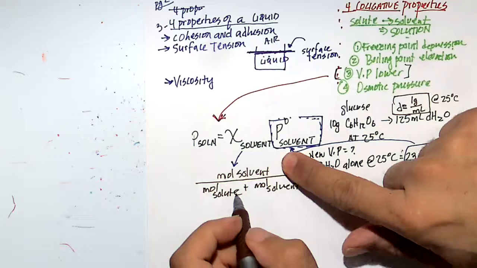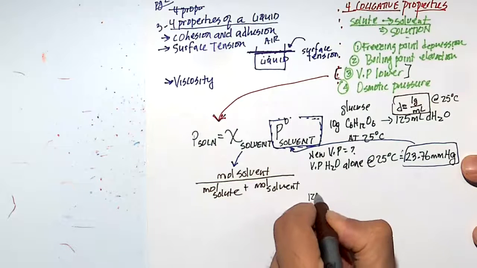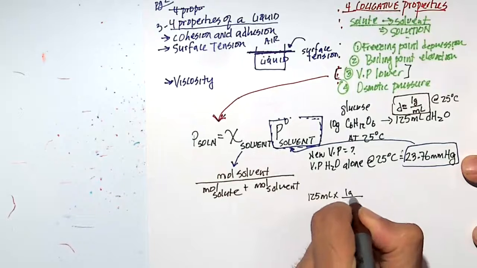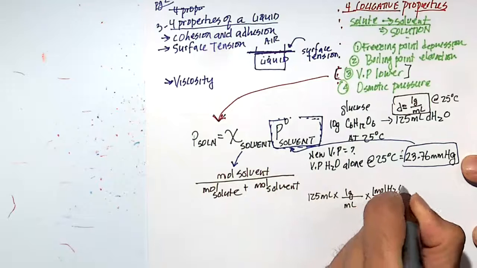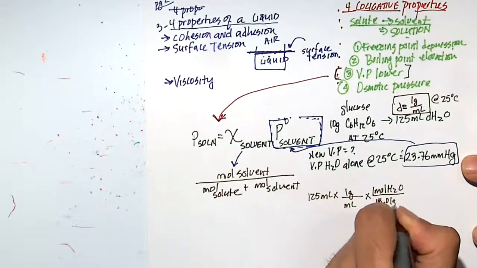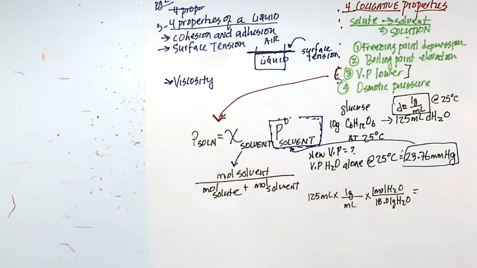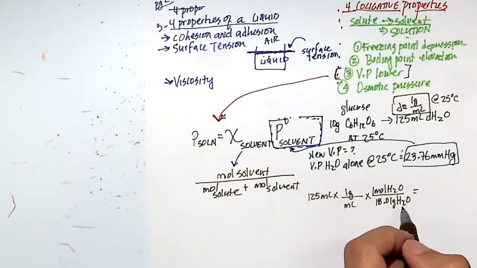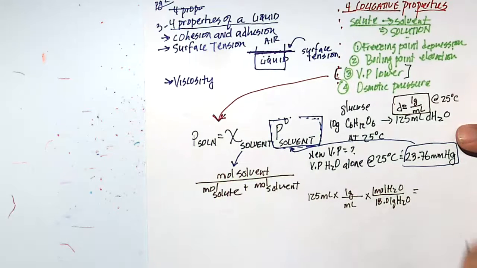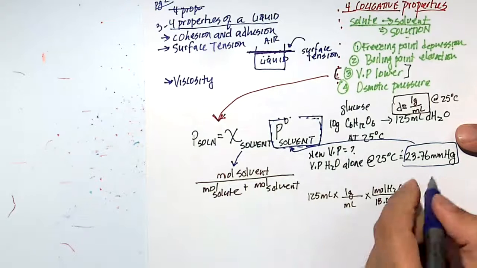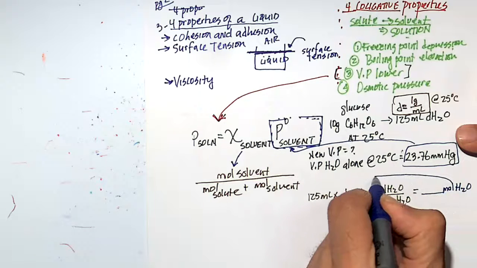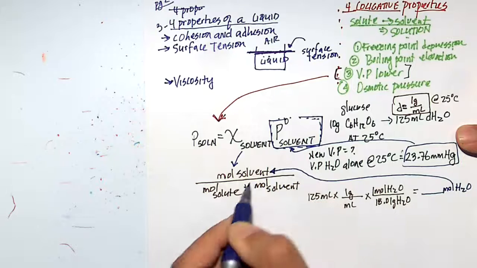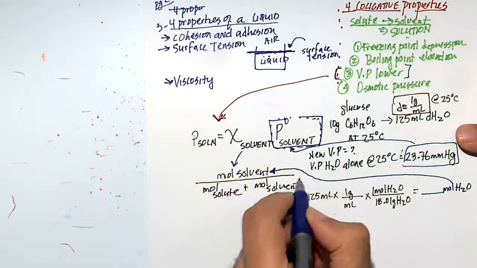So we can get our moles of solvent, which is water, by taking advantage of our density. One mole of water is about 18 grams of water, using the numbers from the periodic table. So that's going to be your moles of water, and it's going to go here, and also here.